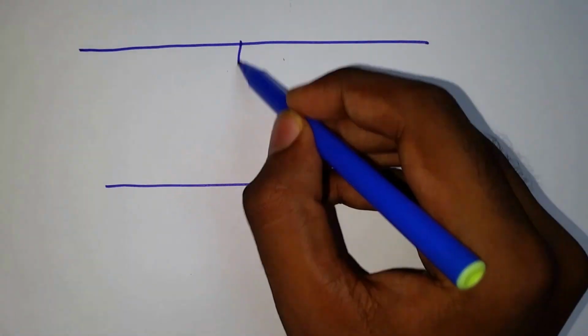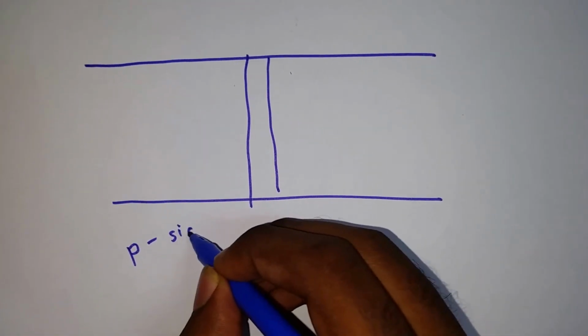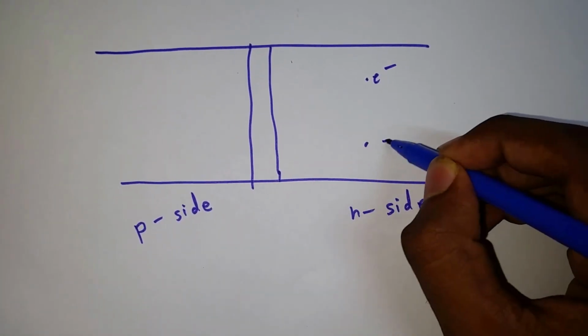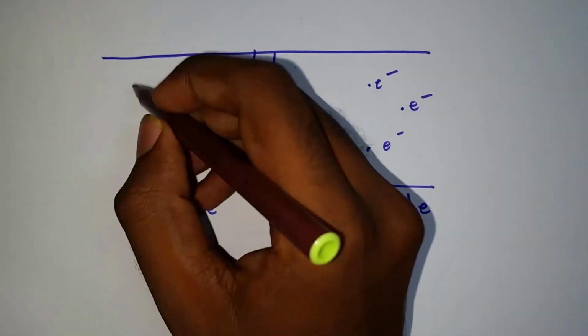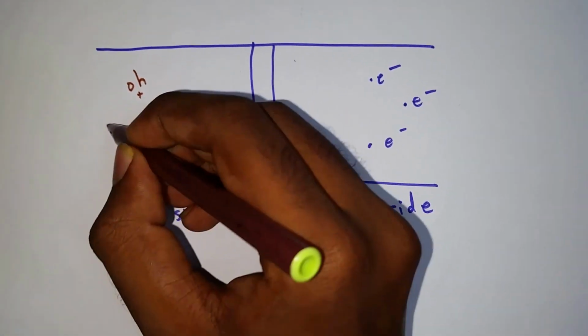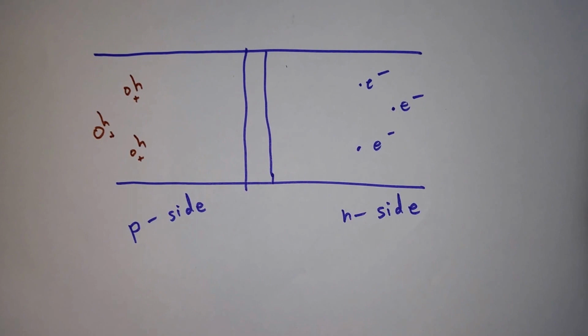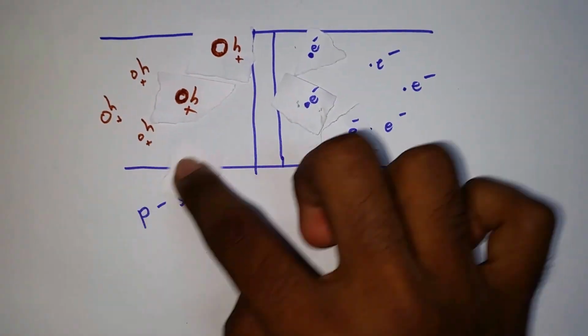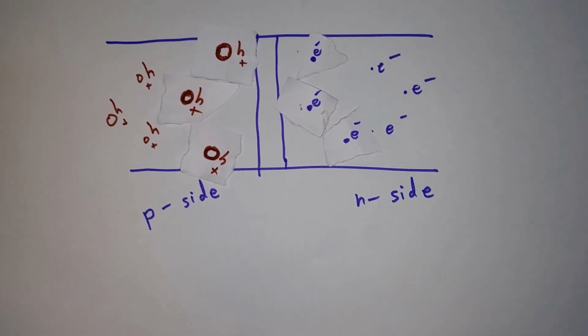The LED. The LED is nothing but a diode with a P side and an N side. The N side has the majority charge carriers as electrons and the P side has the majority charge carriers as holes. Let's see what happens at the junction of an LED. There are some electrons and holes near the junction.